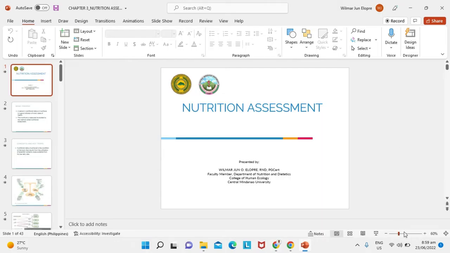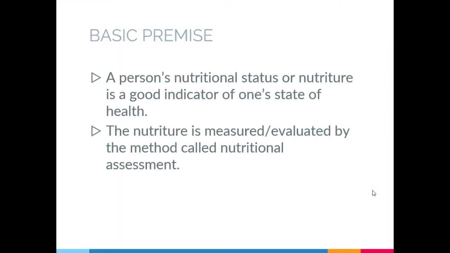Okay. Sige. So this is the basic premise. A person's nutritional status or nutriture is a good indicator of one's state of health. You know this already. We were able to discuss this one. In order to be healthy, one of the aspects that a person must attain is good or optimal nutritional status, because most of the times, if you have unbalanced homeostasis, okay, so you know that homeostasis is the balance of physiological processes in the body.